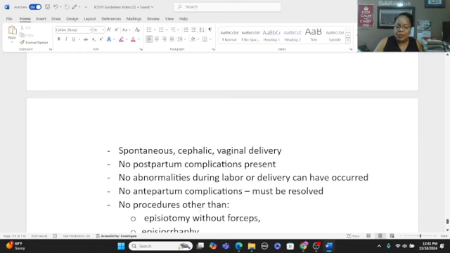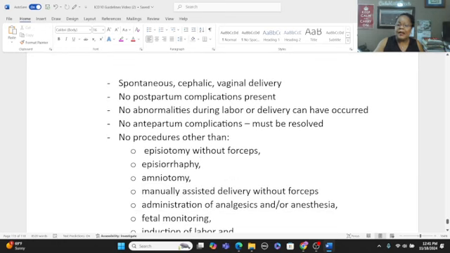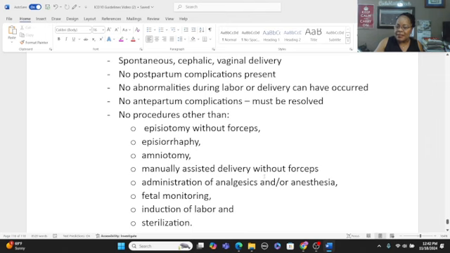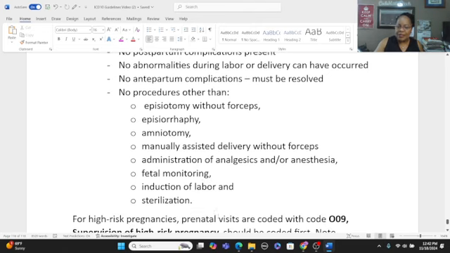No procedures other than an episiotomy without forceps, episiorrhaphy, amniotomy, a manually assisted delivery without forceps, administration of analgesics or anesthesia, fetal monitoring, induction of labor, and sterilization.